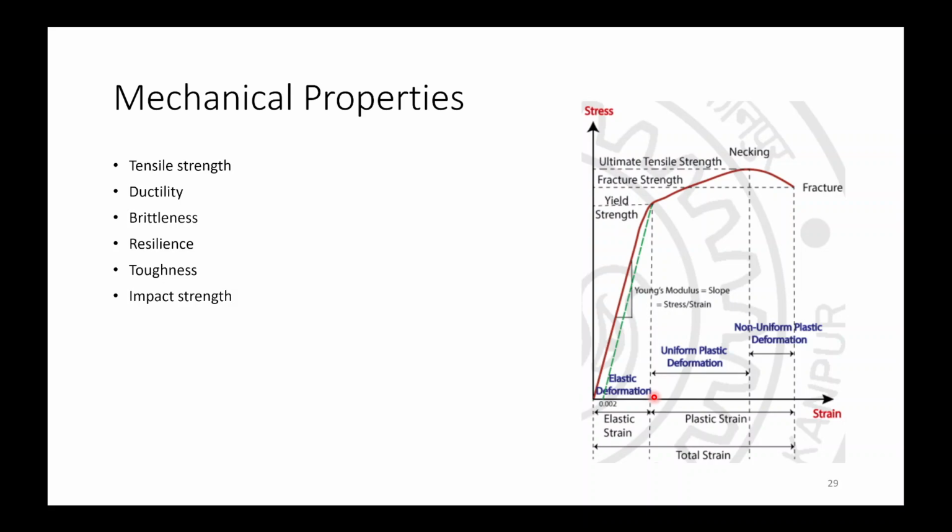After this it is the plastic region, up to the UTS point. This part is known as uniform plastic deformation, where the whole part will deform uniformly, and after this necking will take place, so it is non-uniform plastic deformation.